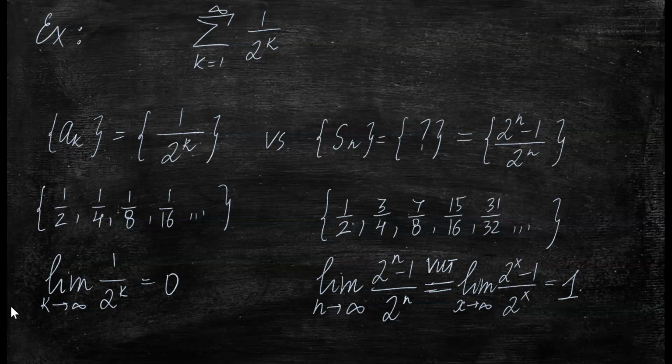And the fact that the limit of a sequence of partial sums is equal to 1 is the reason why the infinite sum, or this infinite series, is equal to 1. So that was a very good observation, and we're going to generalize it.